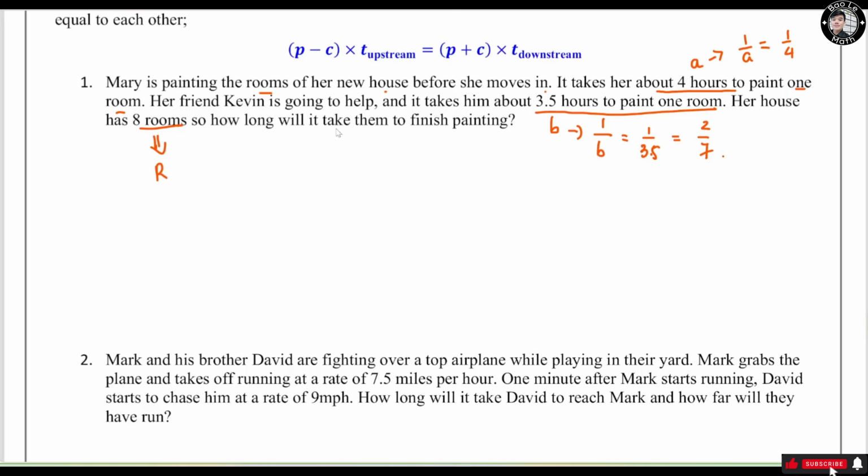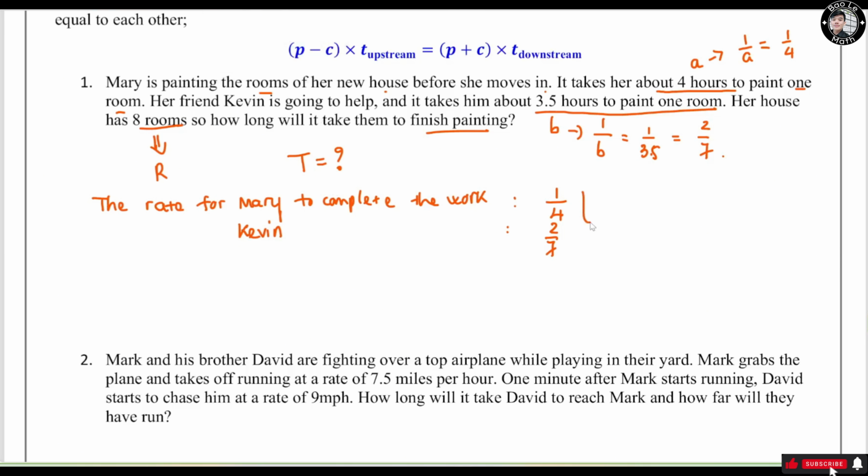So how long will it take them to finish painting, which is capital T equals how much, right? The rate for Mary to complete the work is 1 over 4, right? And the rate for Kelvin to complete the work is 2 over 7, right? Then you have a combined rate, which is you're going to add 1 over 4 and 2 over 7. Now we need to find the LCD of 4 and 7, which is 28, right?